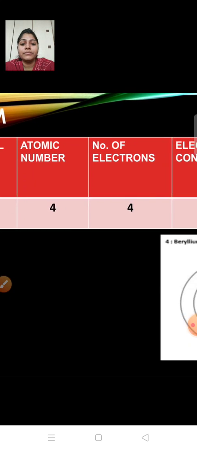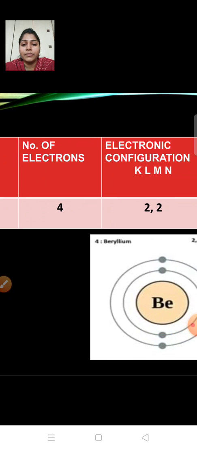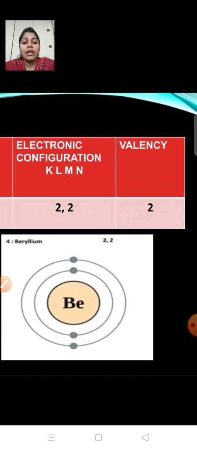I'll come to the next one, that is beryllium. The symbol of beryllium is Be. Atomic number is 4. Number of electrons is 4. Electronic configuration: 2 electrons will occupy K shell and the remaining 2 will occupy L shell. Now to achieve stability, or to complete the octet, what will beryllium do?